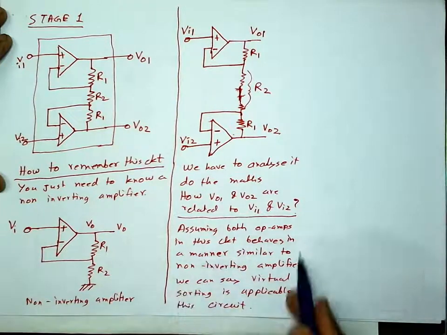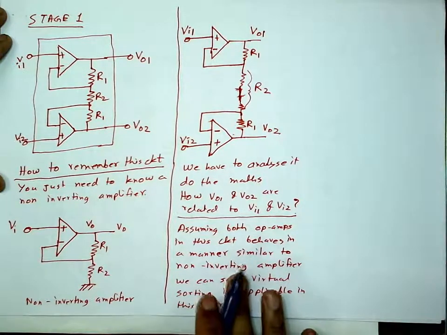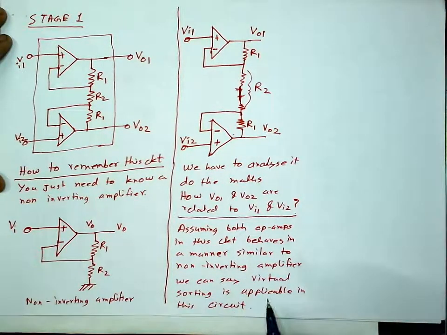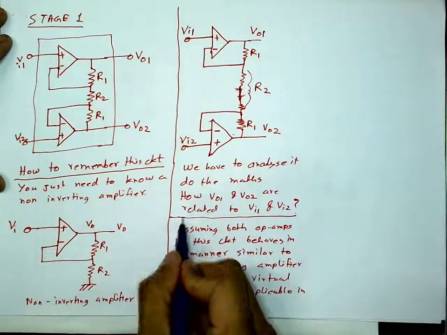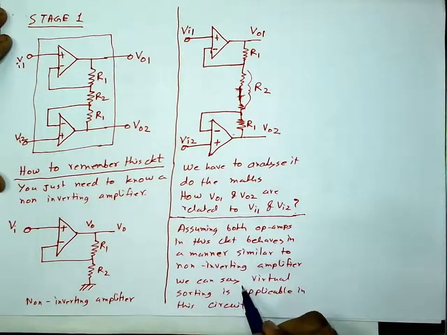This long statement is hiding a lot of details. There are a lot of details hidden under this assumption that virtual shorting is true. We'll try to justify that in a while, maybe briefly, but right now we'll make this assumption.